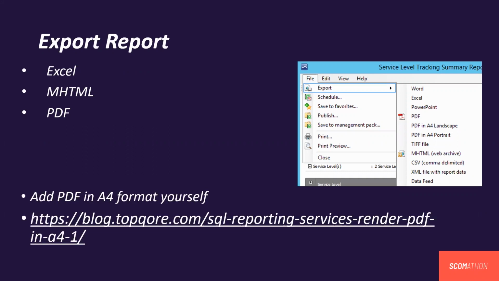I wrote a blog post about it, detailing how to add these two PDF in A4 options to the menu, which works for SQL 2005 and everything from SQL 2008 and up. You can find that option right there. As you see in the picture, that will add PDF in A4, landscape and portrait in my case, but you can see there are multiple possibilities there.